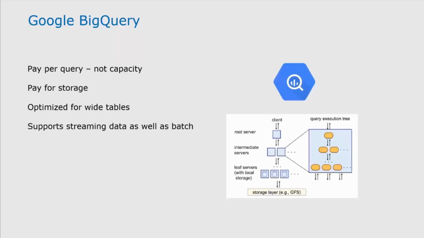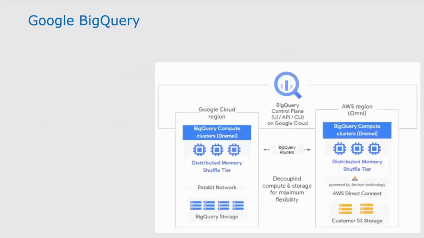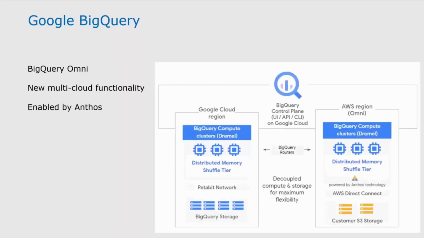And as I mentioned, it supports both streaming data as well as batch out of the box. Another new thing which is quite cool about Google BigQuery is BigQuery Omni. It was released in September, I think, which allows you, by enabling Anthos, which is their version of Arc, to run BigQuery in Azure or AWS, supported by Anthos.